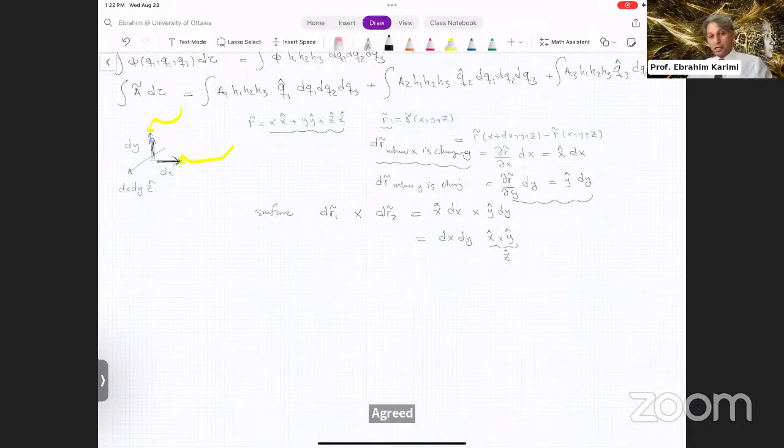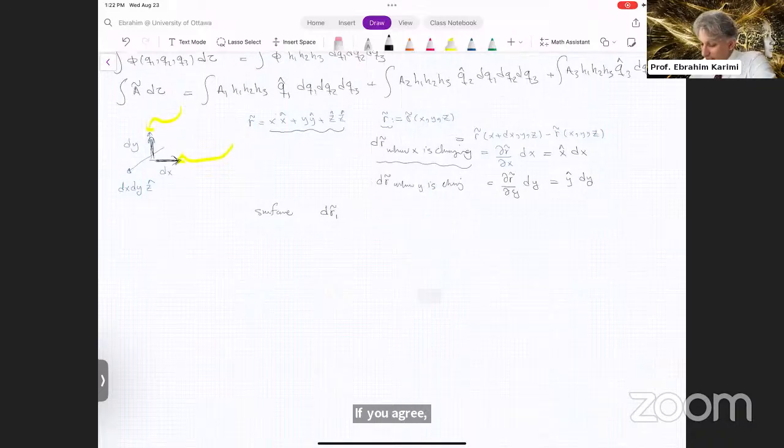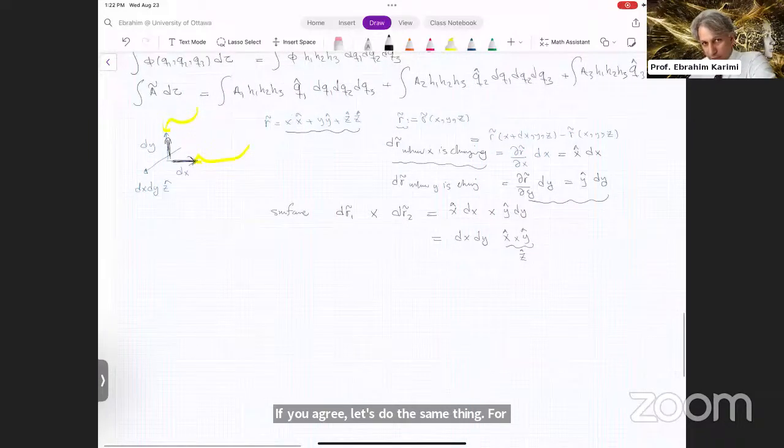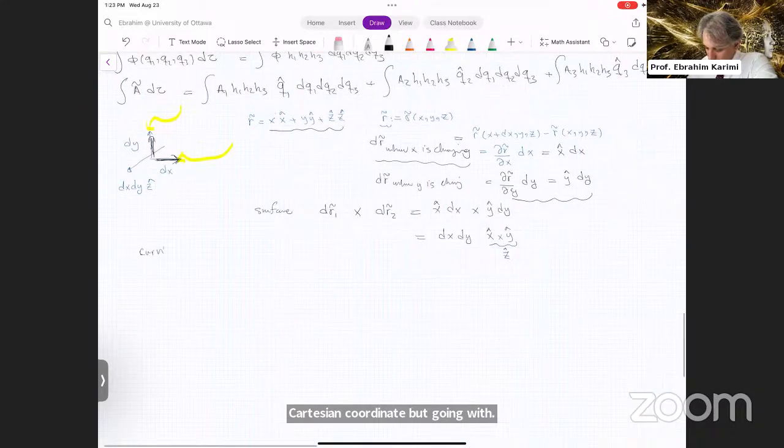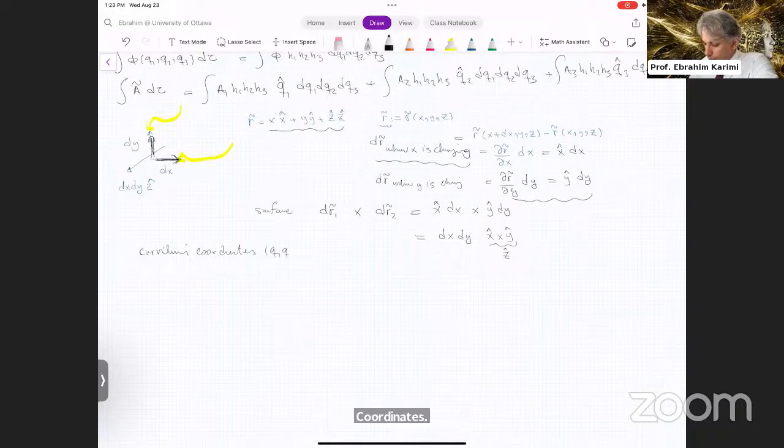If you agree, let's do the same thing not for Cartesian coordinates, but for curvilinear coordinates Q1, Q2, and Q3. So what does it mean?